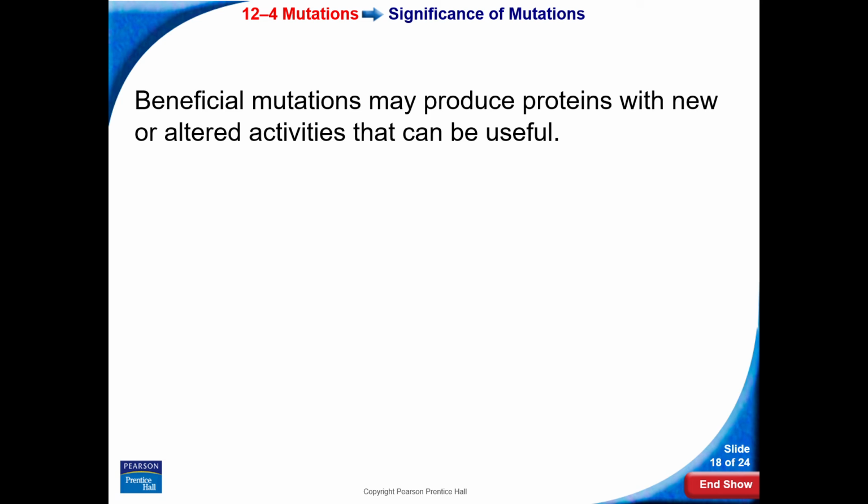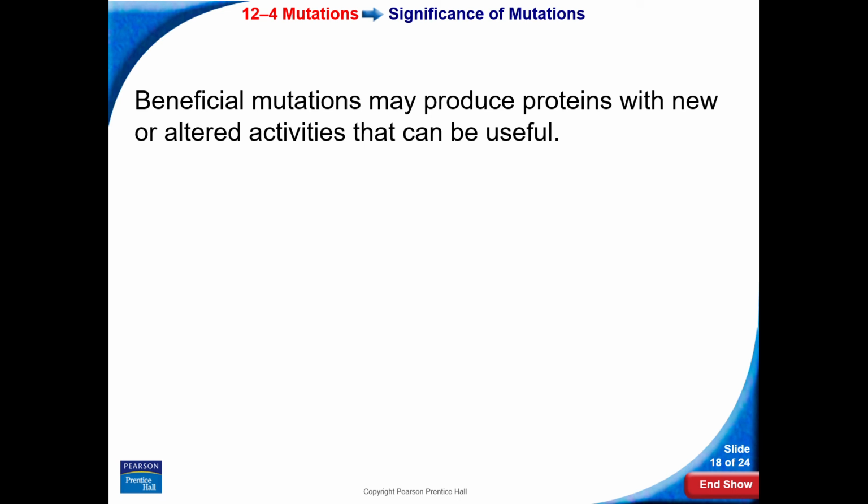This idea of evolution, or slow change over long periods of time in living things, cannot occur unless there are changes. And these changes occur on a random basis, and they occur all the time. So how do we change as living things over time? How do we adapt to changing environmental conditions?